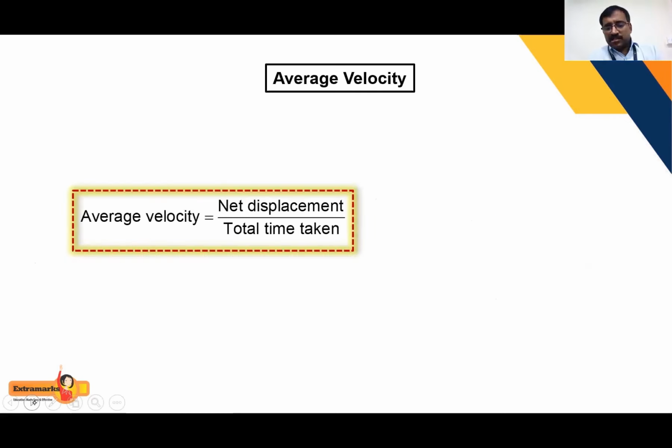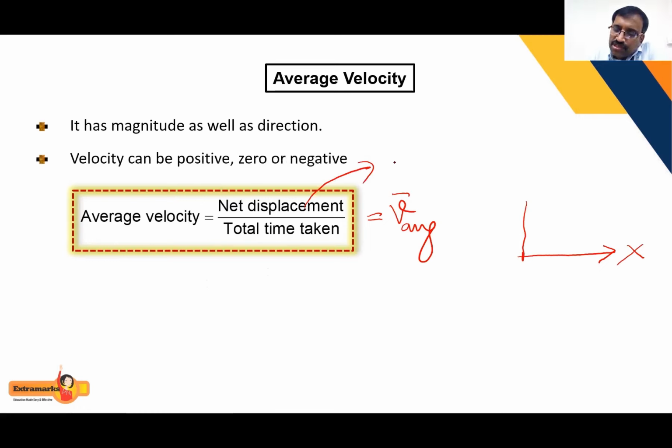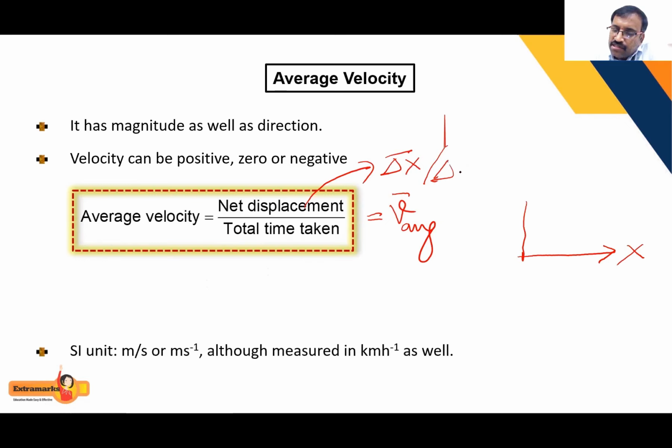Now, as I discussed, average means net. Net means total. Average velocity is represented by V average bar. So this is the net displacement divided by the total time taken. Here we are talking about average velocity in one dimension, so obviously either X or Y. Net displacement means change in position, obviously this is delta X bar, by net time, which means the change in time.